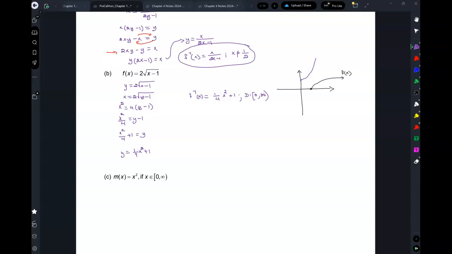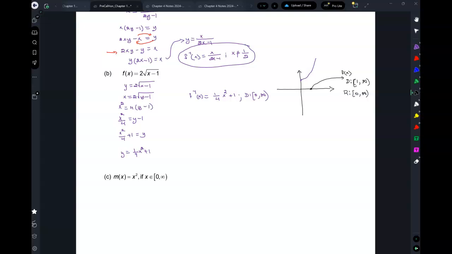The domain in f inverse of x can only be where f of x exists? Yeah, because... And should it start at 1? Because f of x is transformed. No. Because, okay, so for this, the domain is 1 to infinity. The range is 0 to infinity. Correct? Yeah.